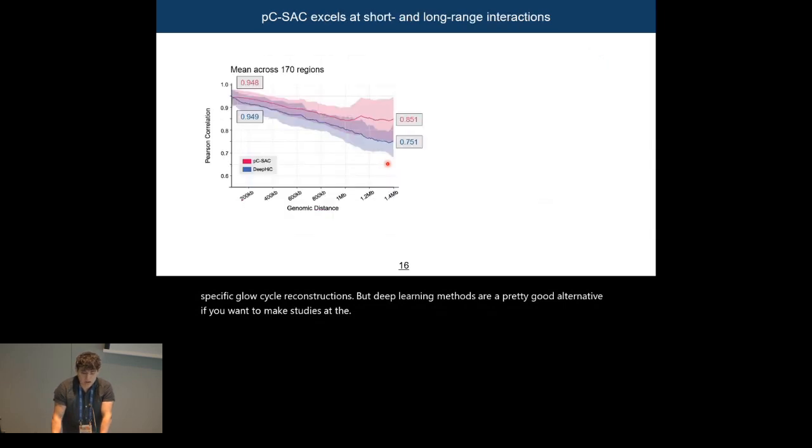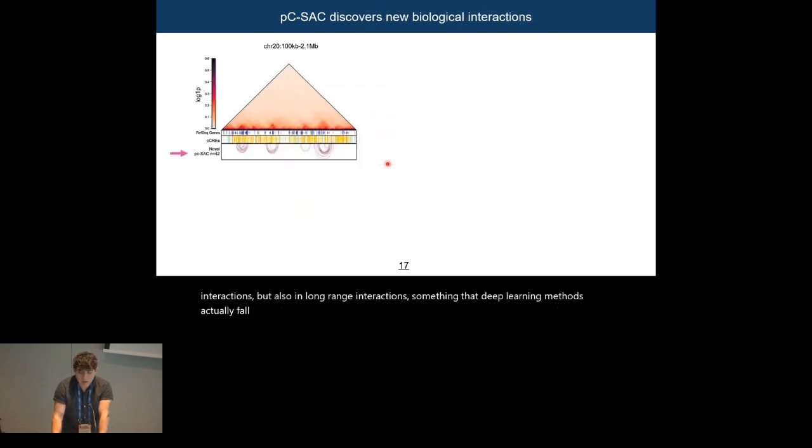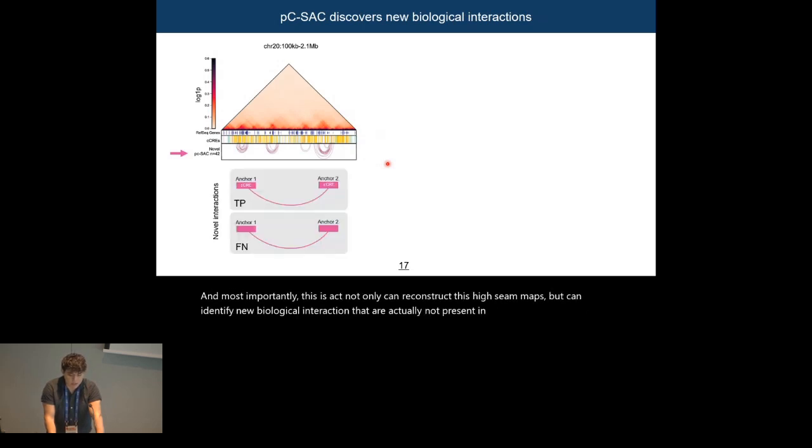Also, we show that our method excels not only in reconstructing short-range interactions, but also in long-range interactions, something that deep learning methods actually fall behind on. And most importantly, pC-SAC not only can reconstruct these Hi-C maps, but can identify new biological interactions that are actually not present in the experimental Hi-C matrix.